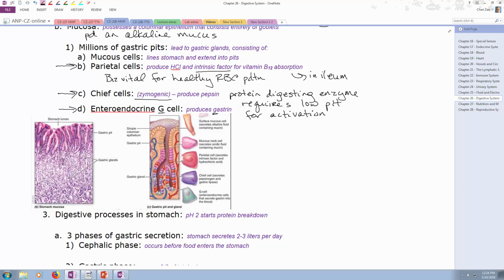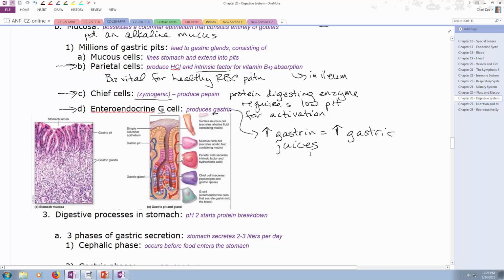The more gastrin we have, the more gastric juice will be produced. And when I say gastric juice or juices, I'm talking about hydrochloric acid and pepsin. Those are the main components of our gastric juice.